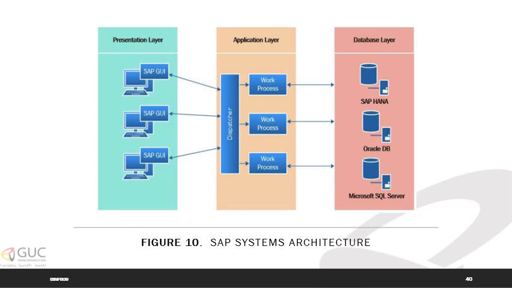The presentation tier provides a graphical user interface for end users to access the system using front-end clients which serve as the interface. The front-end client presents SAP screens and provides tools for them to enter inputs to the system and receive appropriate output. The application layer provides a range of services for the operation of the SAP system.